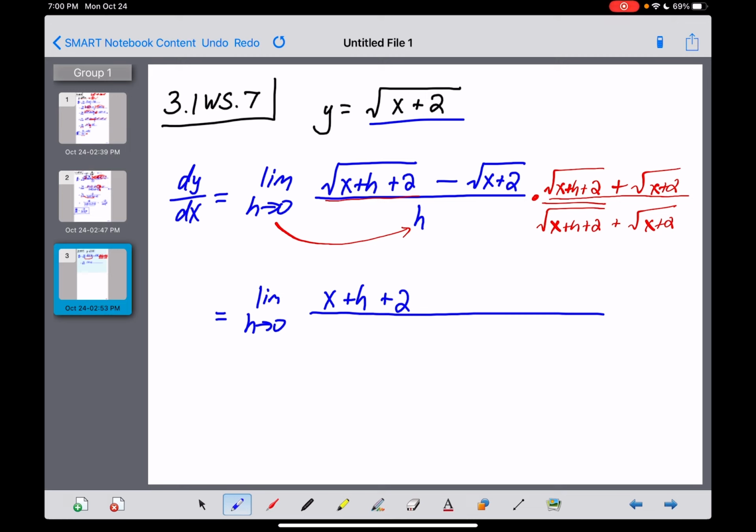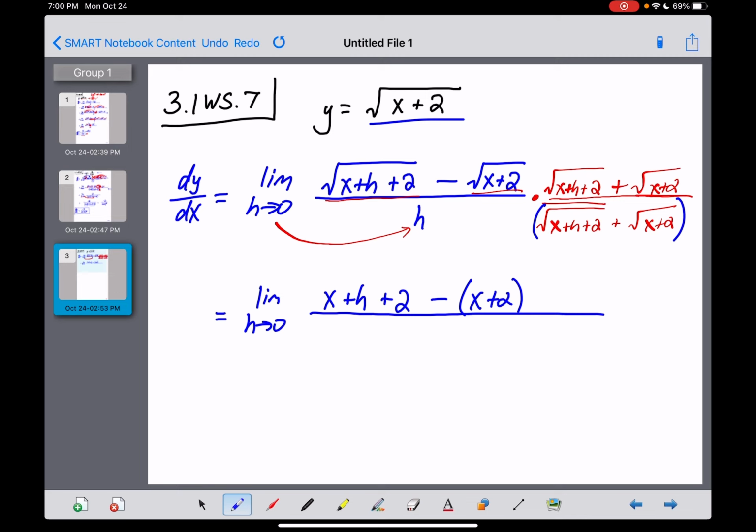All right, the outer and the inner products are going to cancel each other out. And then at the end, it's going to be a minus, and then the quantity here, x plus 2. That's what we get from multiplying the square root of x plus 2 times another square root of x plus 2. In the denominator, we've got h times this big messy binomial here.